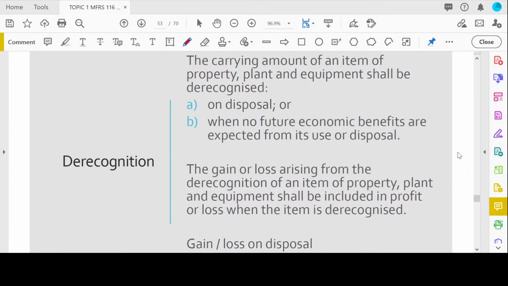Upon derecognition, the carrying amount of an item of property, plant, and equipment shall be derecognized. The carrying amount. So how do we calculate this carrying amount?